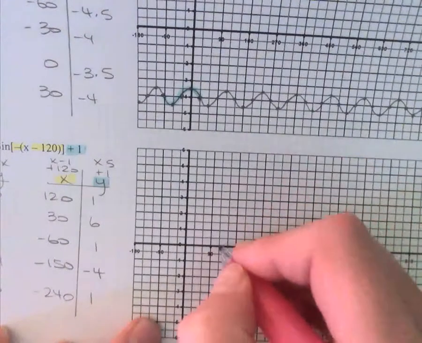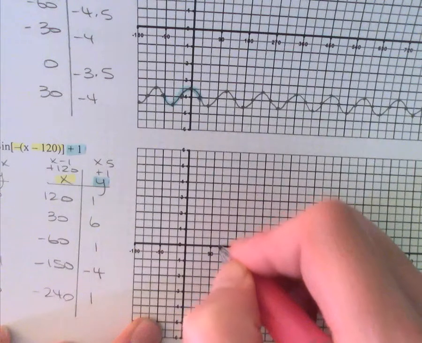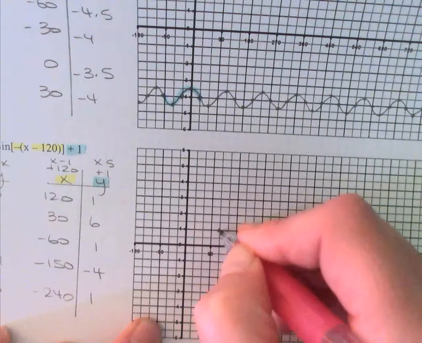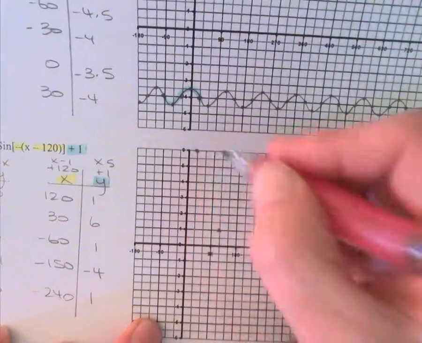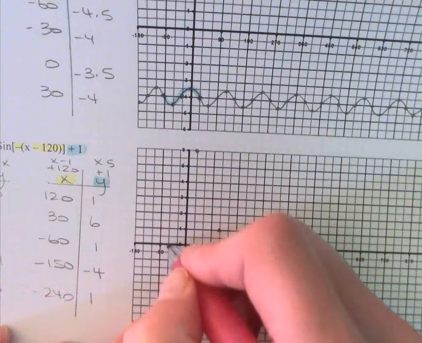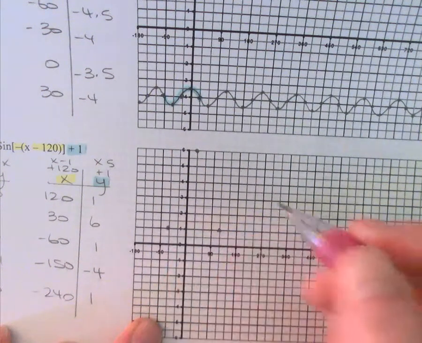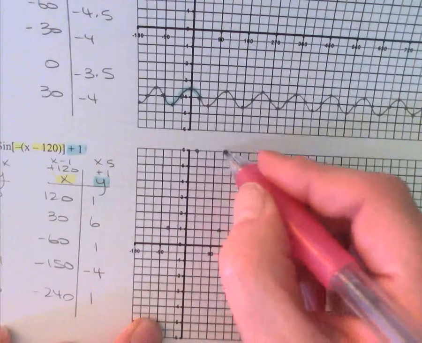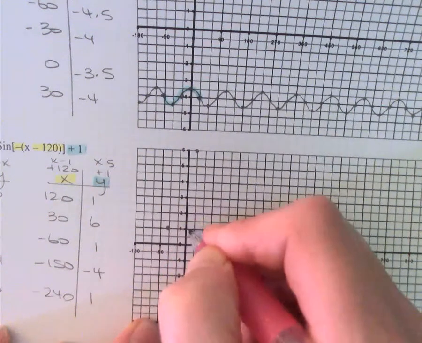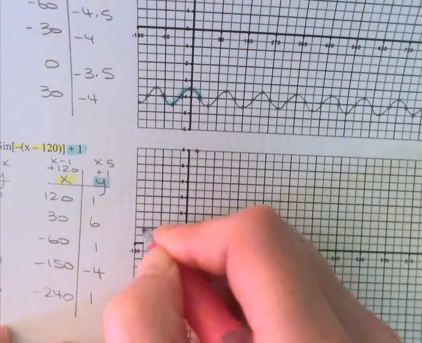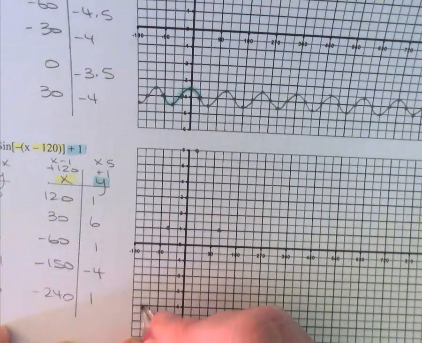So at 120, I'm at 1. At 30, I'm at 6. At -60, I'm back at 1. So that means there's 1, 2, 3 spaces between. So we're down here at -4.